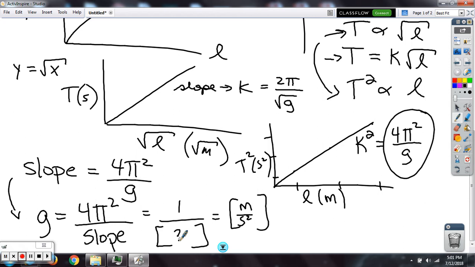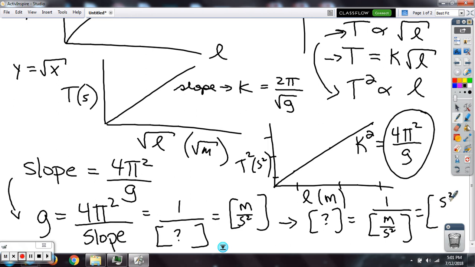So if I solve for my question mark here, I get 1 over meters per second squared. That's the same as seconds squared per meter. So my question mark bracket here, that's my slope units, have to be seconds squared over meters.